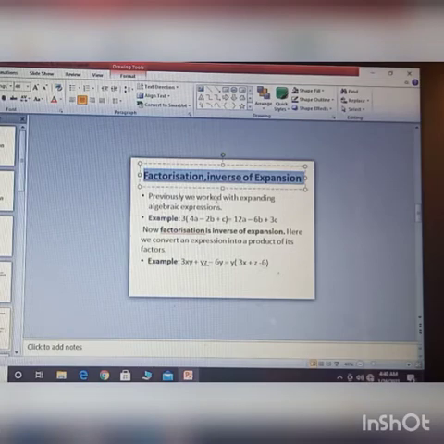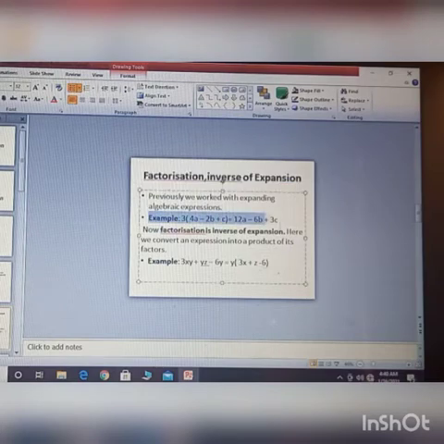So previously we worked with expanding algebraic expressions. If you see this example, you have been doing such work: in the highlighted expression, 3 is written outside and there is a bracket, 4a minus 2b plus c. The question sometimes is to expand it.